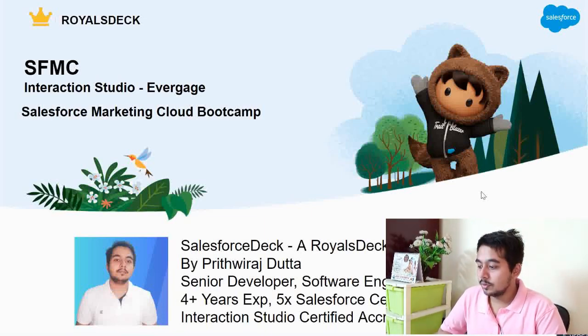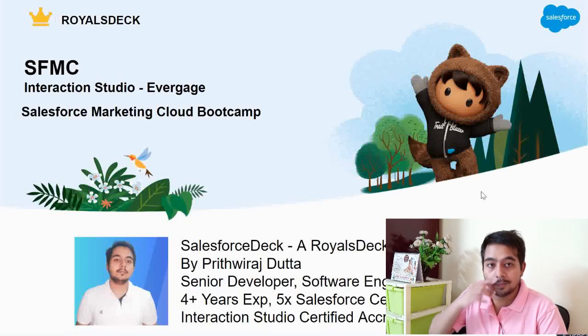So first of all, what is Interaction Studio? Interaction Studio is a technology, previously known as Evergage, using which we can personalize or customize the website based on the user's affinities towards products.